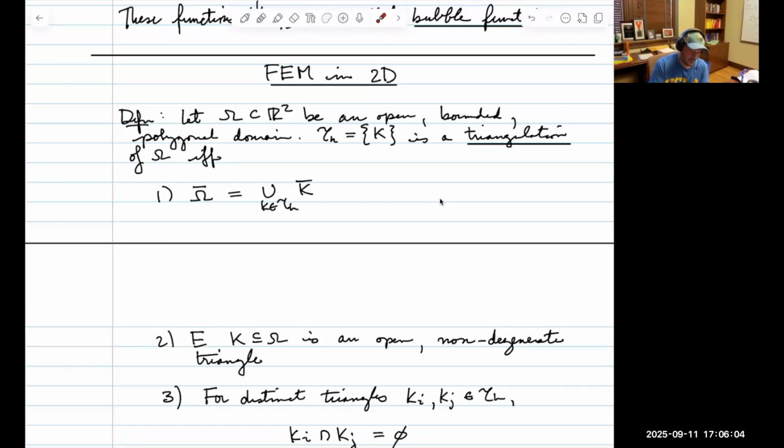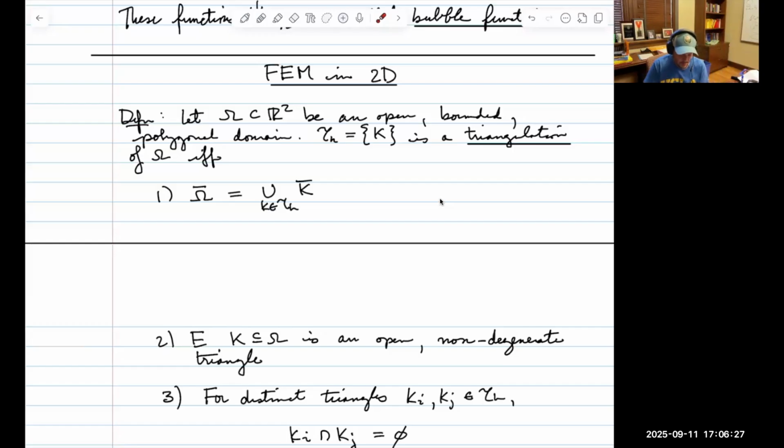For now, we're going to think about a very simple, open, bounded set. We're going to think about what are called polygonal domains. So a polygonal domain just means that the boundary of this set is made of straight lines. That's it.